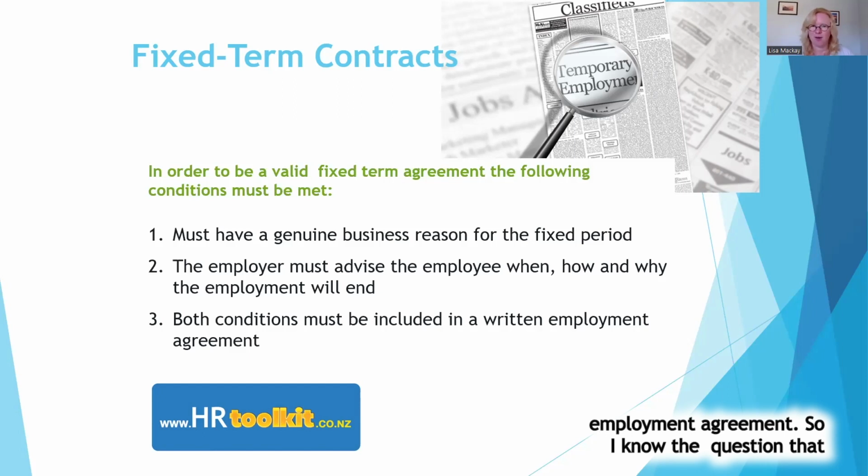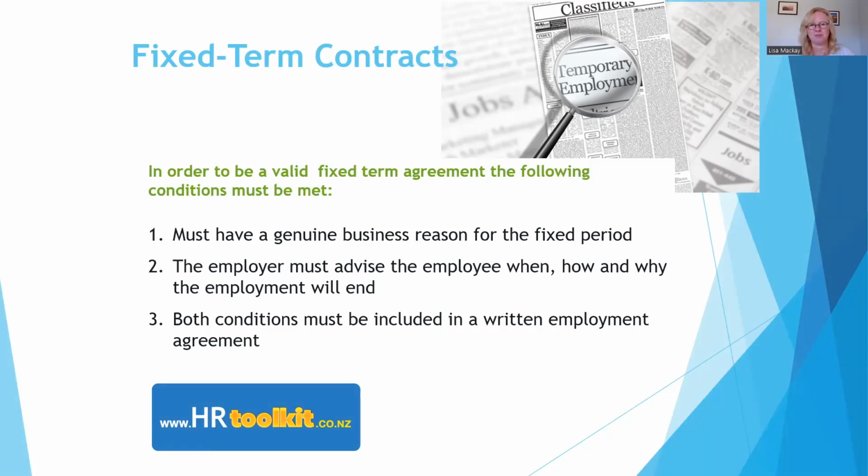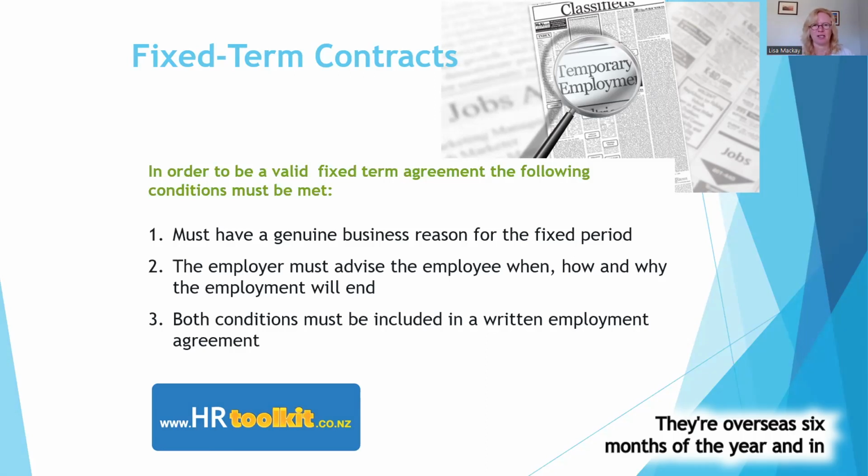So the question that I was asked yesterday was around a fixed term contract with somebody who is overseas 6 months of the year and in New Zealand 6 months of the year. So genuine business reason, yes, they're overseas for 6 months of the year, so there's a genuine business reason why they are on a fixed term.